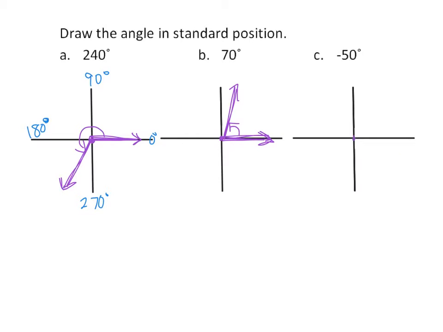So we've got our vertex at the origin and the initial side on the x-axis, and we need to go negative 50. Well, halfway would be negative 45, so we need to go beyond that to get to negative 50. So probably right around here. This direction here, negative 50.